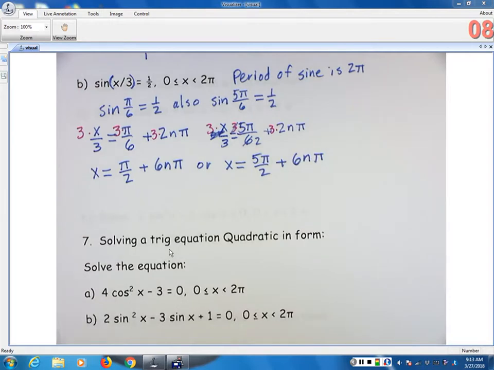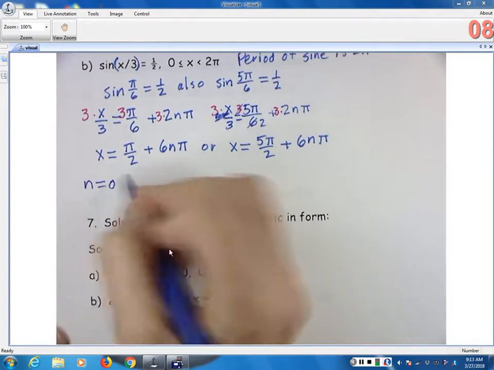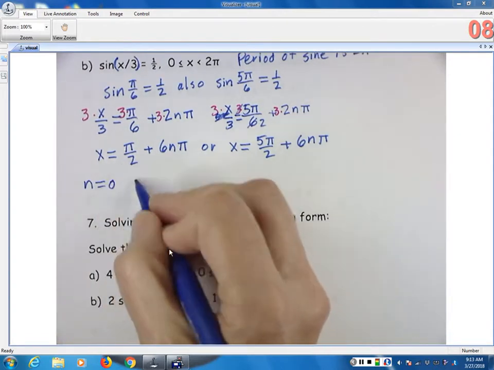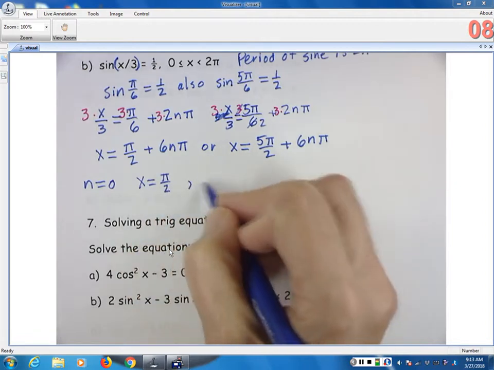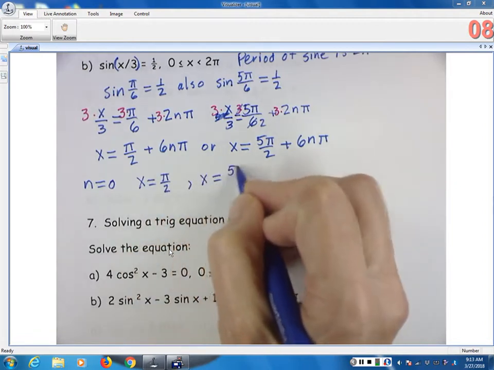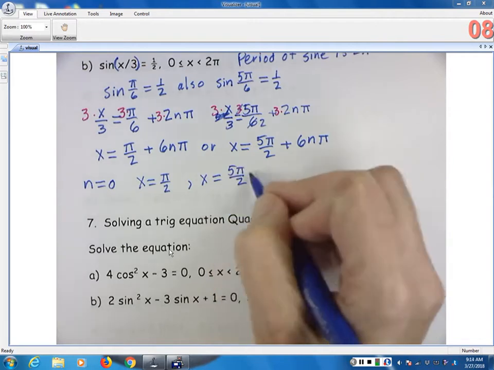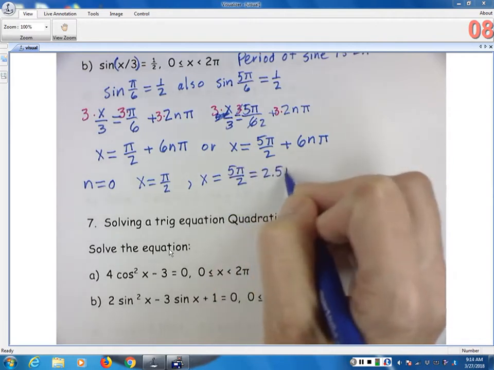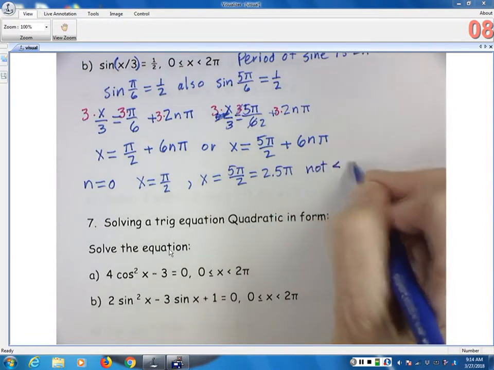Okay, now we want answers between 0 and 2 pi. Well, so you plug in n equals 0 and see what you get. You get x equals pi over 2, and you get x equals 5 pi over 2. That's 2.5 pi. That's not less than 2 pi.